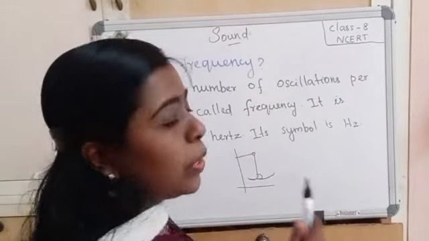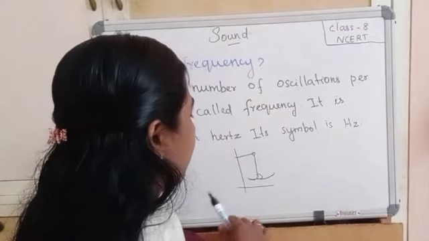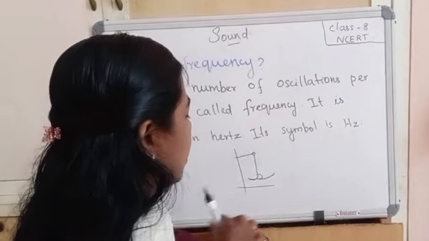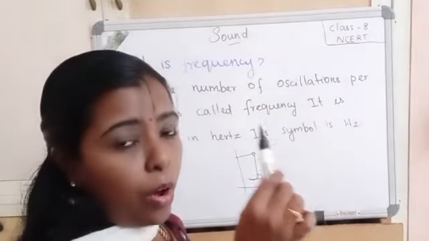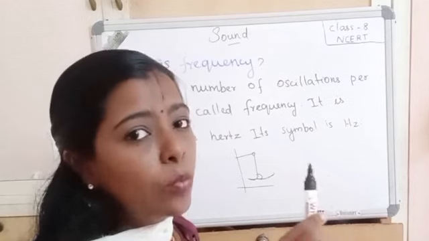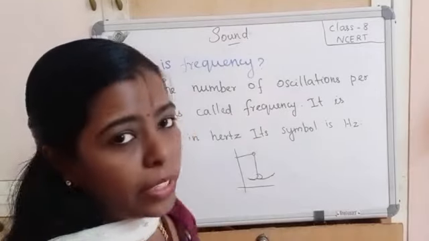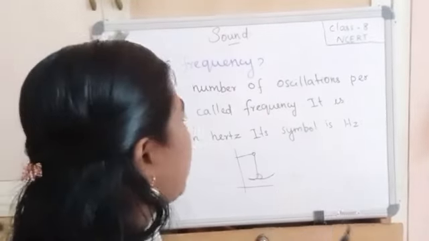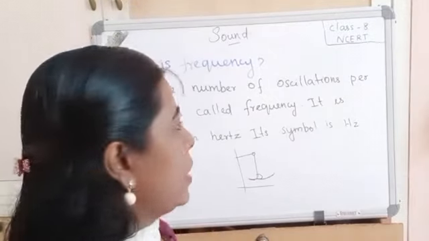So it is the number of oscillations per 1 second. This pendulum oscillates like this: 1, 2, 3, 4. How many times it oscillates in 1 second is called frequency. So the number of oscillations per second is called frequency.